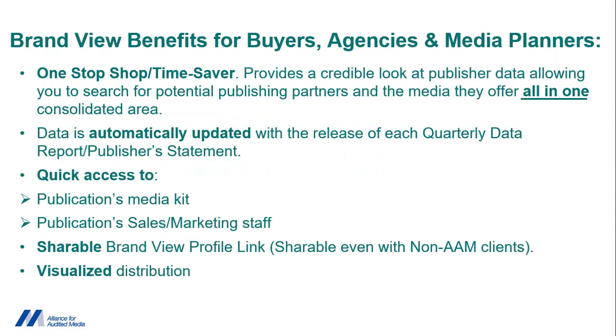There's an overview page that tells information about a publication. What's great about this overview page is that it has a media kit link that goes directly to the publication's media kit, so you're not searching all over the website for it. And as soon as their latest publisher statement is released, all the information is updated automatically.